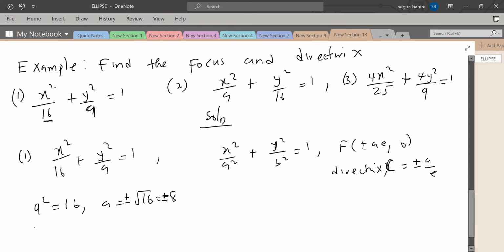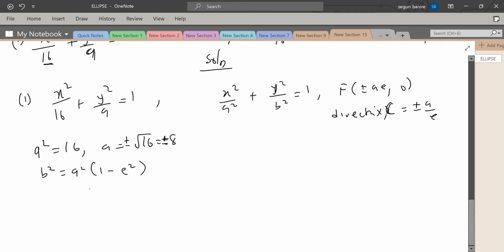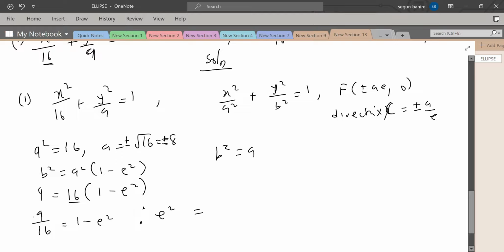And what else? We need our e. So we know b squared is equal to a squared into 1 minus e squared. Right? So b squared is 9. A squared is 16. Okay, divide through by 16, get 9 over 16 equals 1 minus e squared. Okay, so if you take e squared to this side and bring in the 9 over 16, this is what you get.